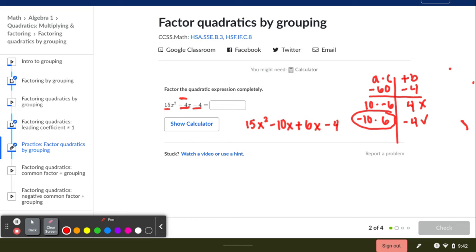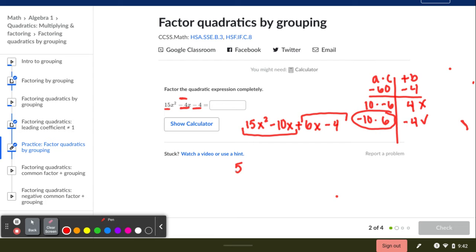So now I need to pull the greatest common factor out of the first half of my polynomial and the second half of my polynomial. So breaking this polynomial into two halves, looking at the greatest common factor between 15x squared and -10x, well, the greatest common factor of 15 and 10 is going to be 5.